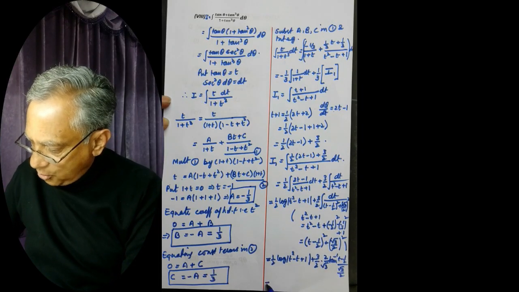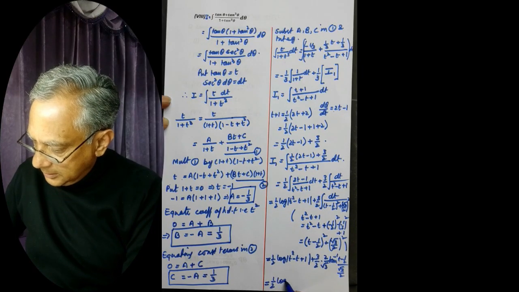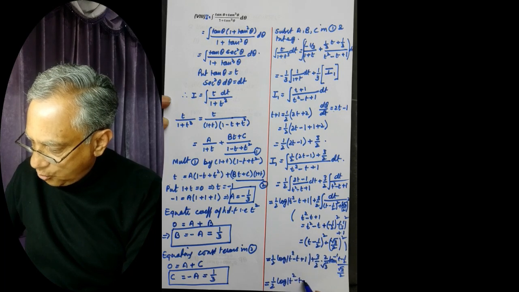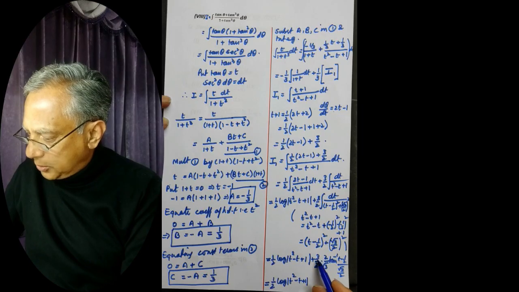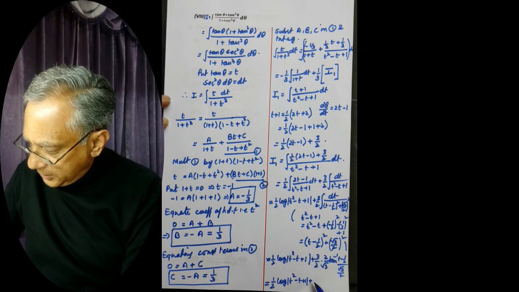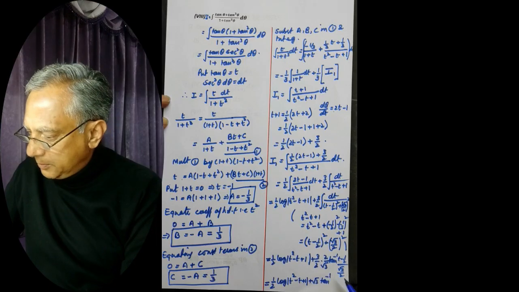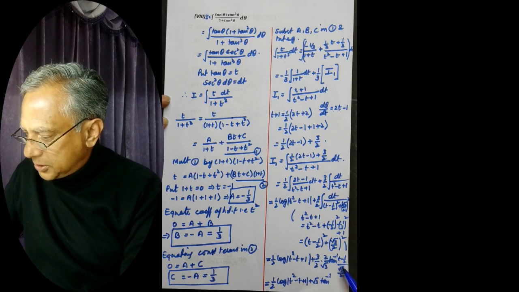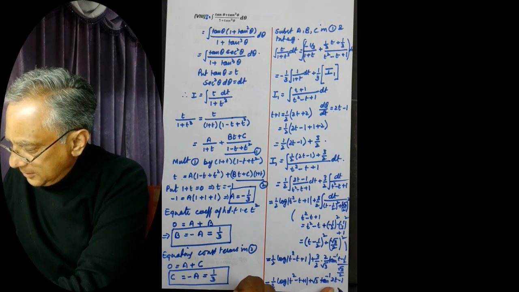And this is equal to 1 by 2 log t square minus t plus 1, and 2 cancels, root 3 cancels, plus root 3 tan inverse. This will be 2t minus 1 by 2, this 2 and this 2 will cancel. We will get 2t minus 1 over root 3.